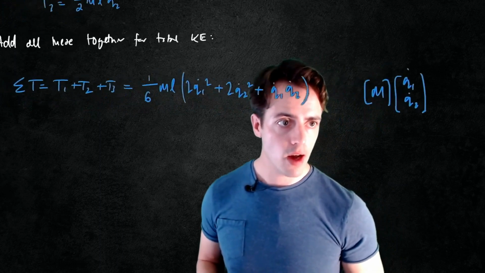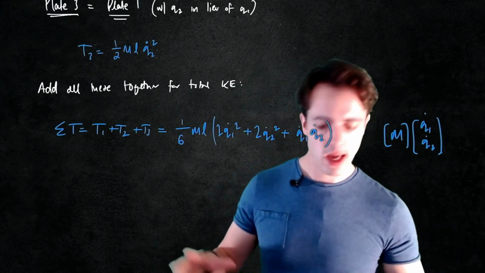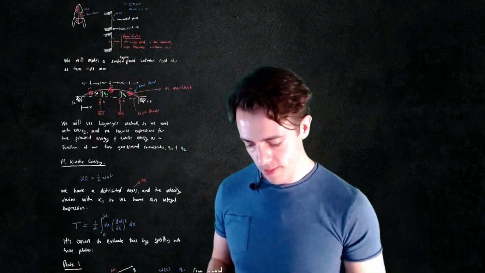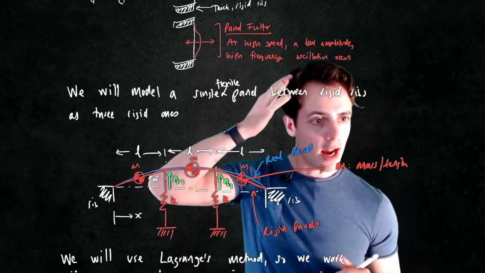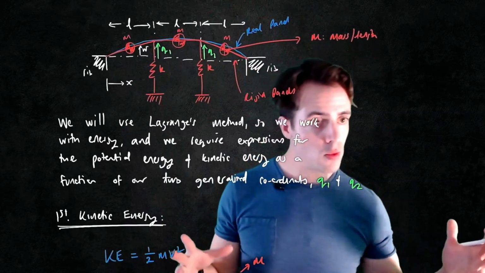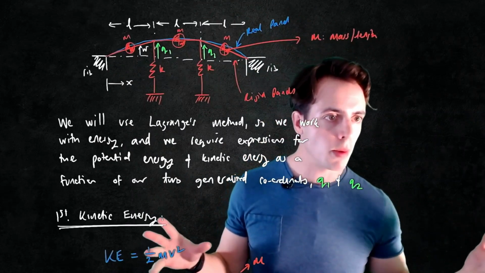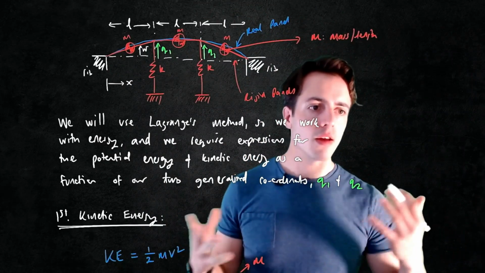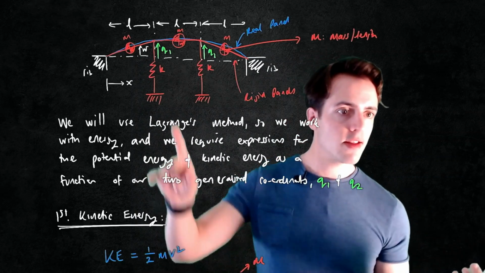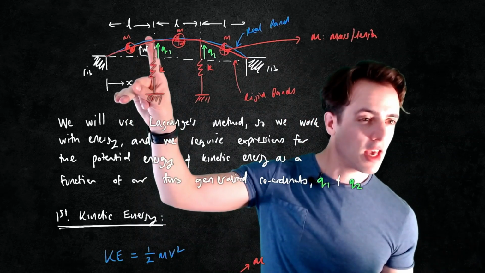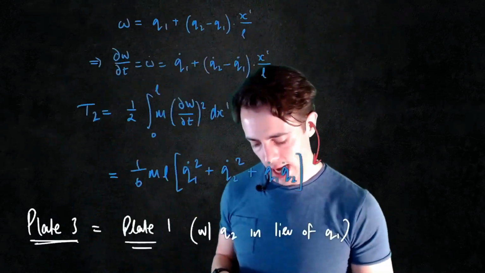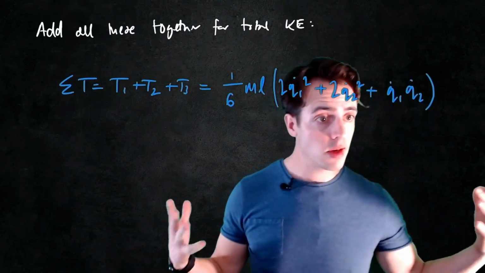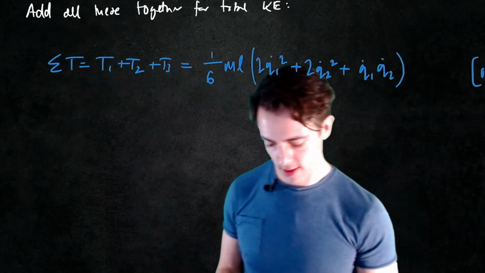Just as a quick aside, what's really useful about this formulation is if we then went back to this problem and we said, okay, we've got these distributed masses here, but actually we're going to redesign the problem. We're going to see if we can damp this vibratory problem, or we need to add a sensor and we need to add a mass, maybe just here, for example. We don't need to redo the whole problem again. We can just add this on as a separate kinetic energy to be added to the system.